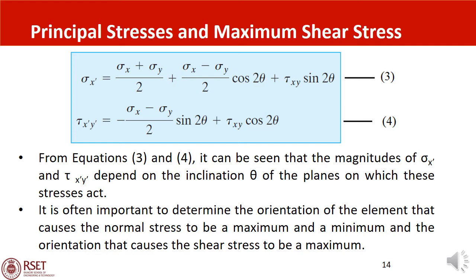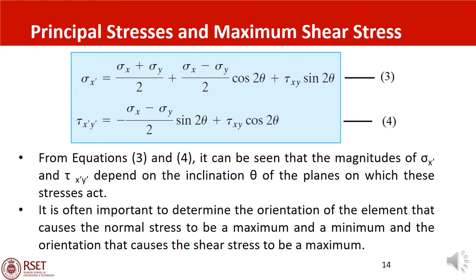In equation 3, if you keep on changing the value of theta, you will come across two cases: the value of theta at which you get a maximum value for sigma x dash, and the value at which you get a minimum value for sigma x dash.